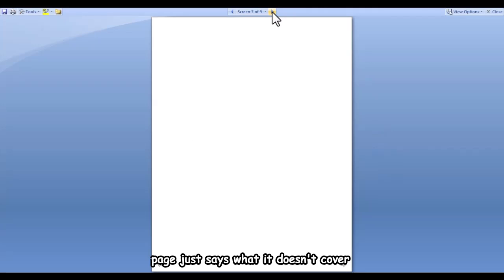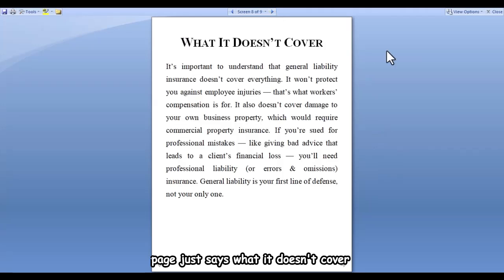Now let's go to the next page. The next page says what it doesn't cover. It's important to understand that general liability insurance doesn't cover everything. It won't protect you against employee injuries. That's what workers' compensation is for. It also doesn't cover damage to your own business property, which would require commercial property insurance.